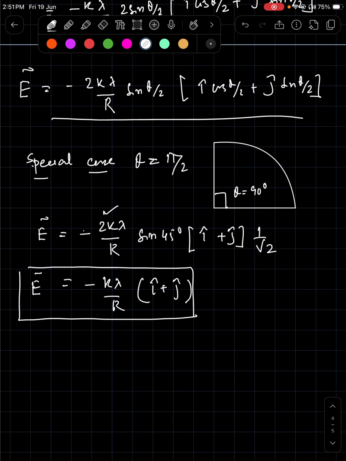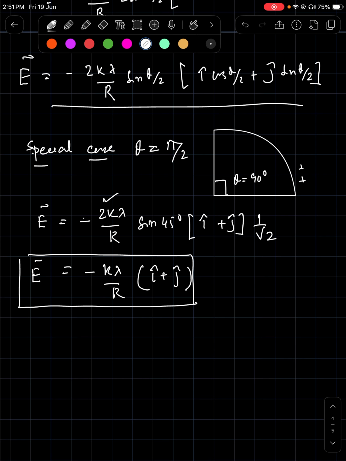So this is the electric field when a positively charged arc is taken, and this is the y-axis and this is the x-axis. For this case, the electric field is actually pointing around 45 degree, because all the angles are 45 degrees there. So there is a resultant electric field in this direction, say E. This is making 45 degree with the x-axis and y-axis, and this is the value of the electric field here.